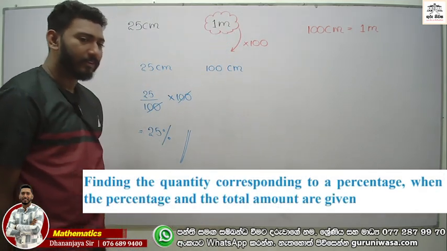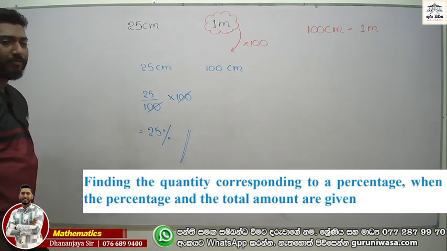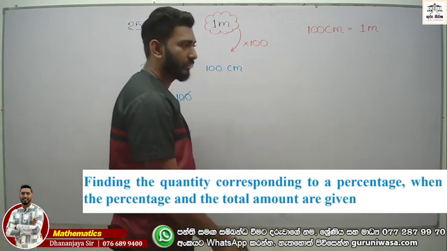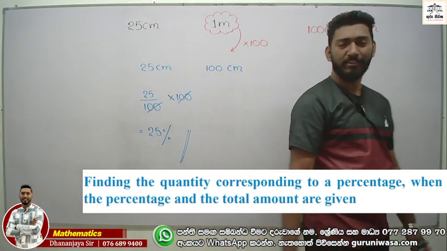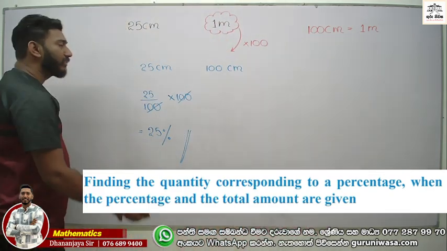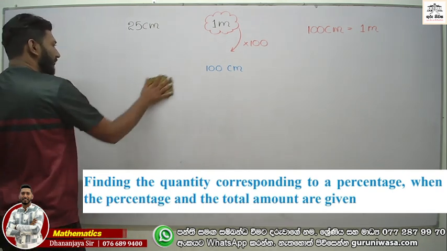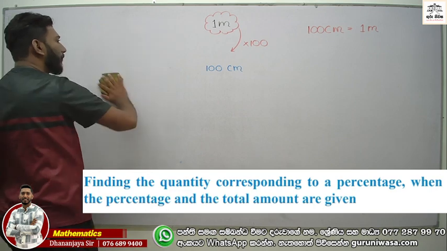Anyway, now we're going to the next topic. Now write the subheading as finding the quantity corresponding to a percentage, when the percentage and the total amount are given. That's so easy again. Now write the topic.